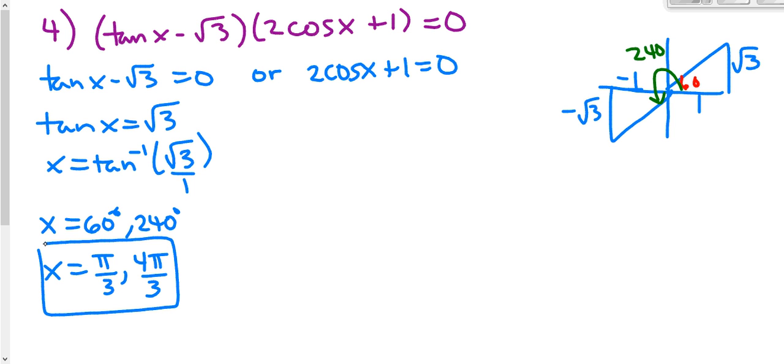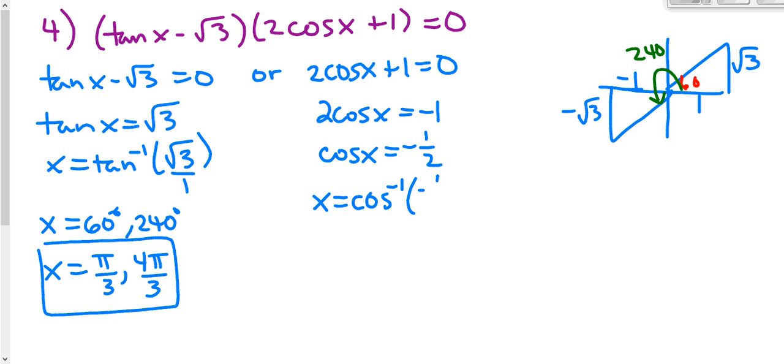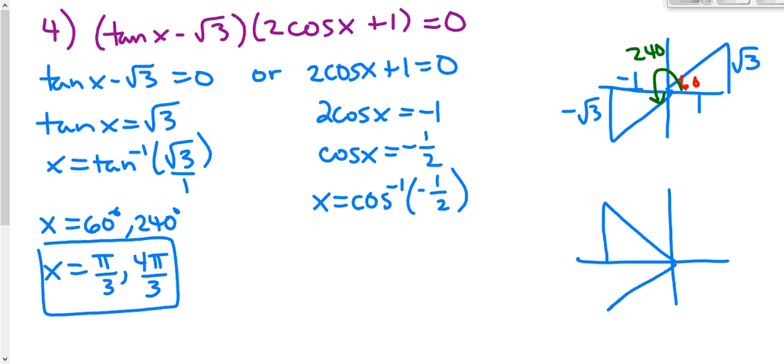Okay, we have the second equation, 2 cosine x plus 1 equals 0, so we'll subtract 1 from both sides, divide by 2, and then take the inverse cosine. Now, where's cosine negative? Cosine is negative in quadrant 2 and quadrant 3.